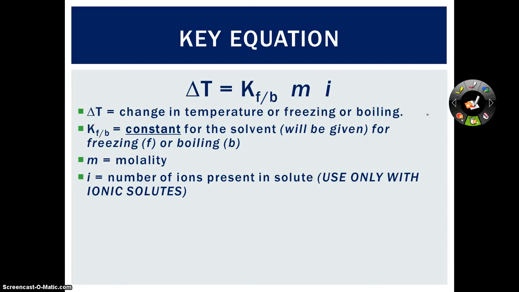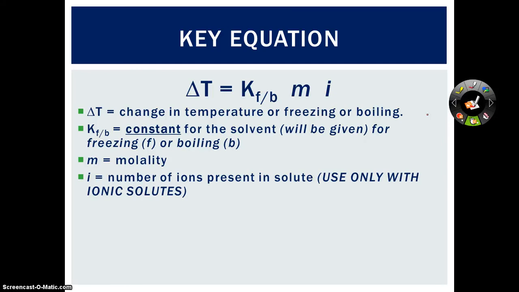The equation that describes this is delta T, the change in temperature for freezing or boiling, is equal to the constant Kf or Kb, depending on if we're talking about boiling or freezing, times the molality, which we now know how to calculate, times this value i, which is the number of ions present in the solute. i is only really important when you have an ionic solute, and we'll see why in a second.